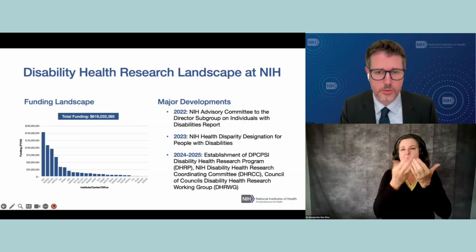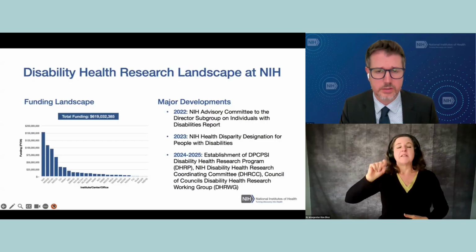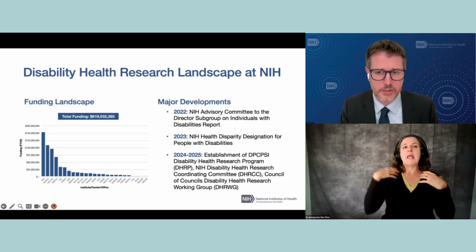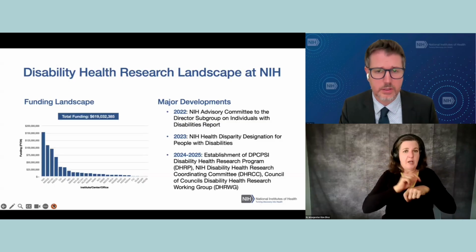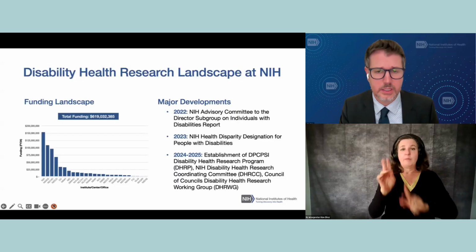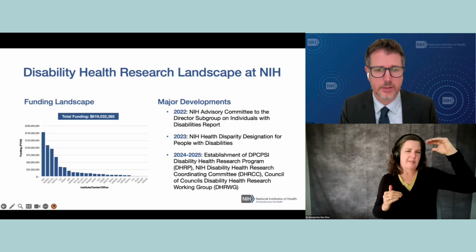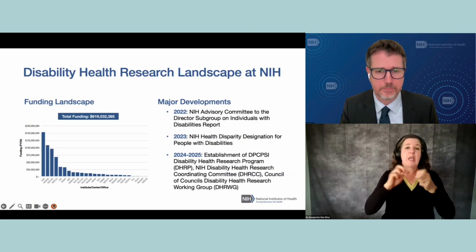Second, in September 2023, the director of the National Institute on Minority Health and Health Disparities, in consultation with the director of the Agency for Healthcare Research and Quality, formally designated people with disabilities as a population with health disparities. This designation helps to encourage research specific to the health issues and unmet health needs of people with disabilities.